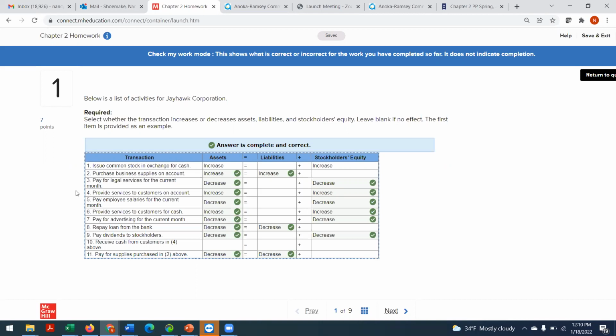So when we provided services to customers on account, what we did there is we debited something called accounts receivable, and we credited service revenue.